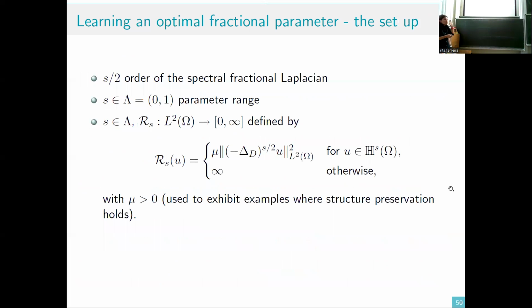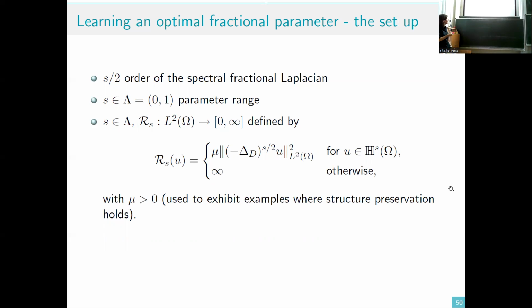And just to give you a brief flavor of this case, here the parameter of interest is this S, and S over 2 is the order of the spectral Laplacian. S lives in the open interval between 0 and 1, and this is the regularizer that involves the L2 norm of the Dirichlet fractional Laplacian.